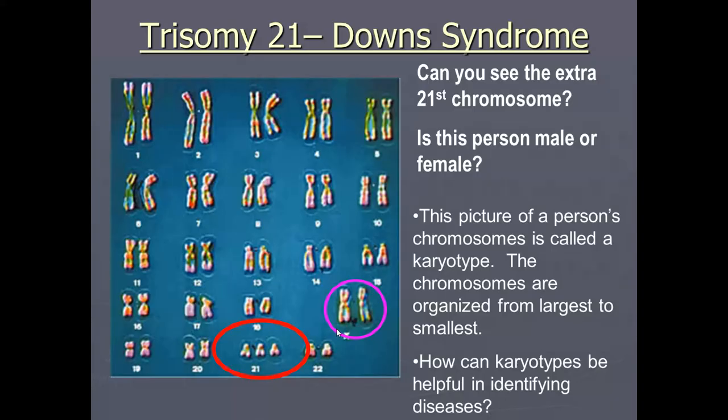So a trisomy means that this person has 47 chromosomes rather than 46 chromosomes. One of the parental gametes had two copies of chromosome number 21 as a result of a non-disjunction, and the other parental gamete had a single copy of number 21.